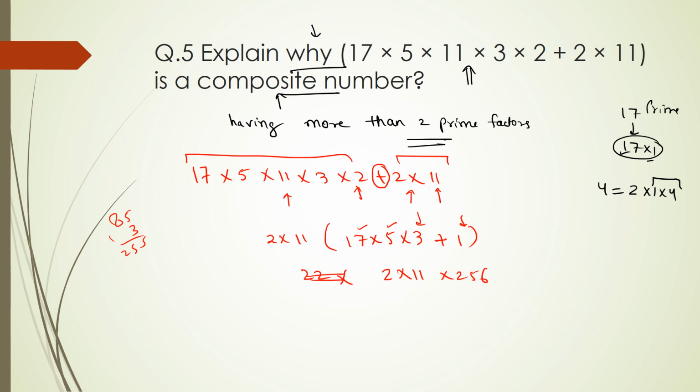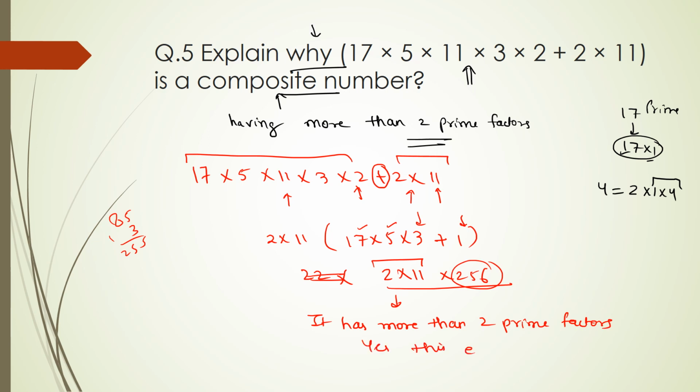So we can clearly see you can also split 256 into factors. But that is definitely going to be more than two prime factors, because this expansion has more than two prime factors. So we will say yes, this expansion is a composite number.